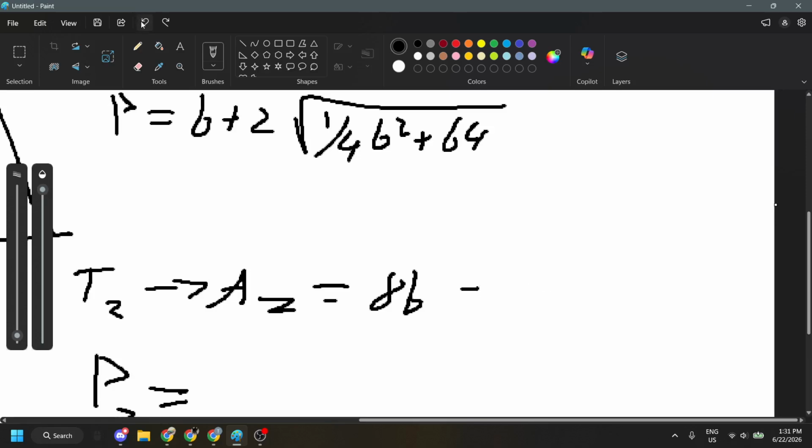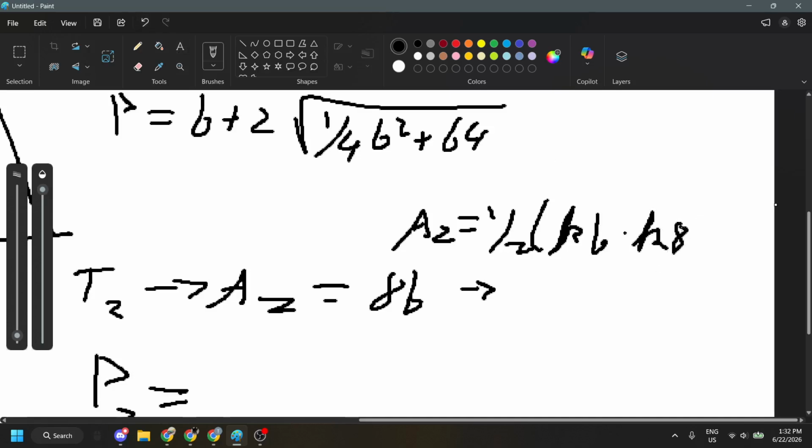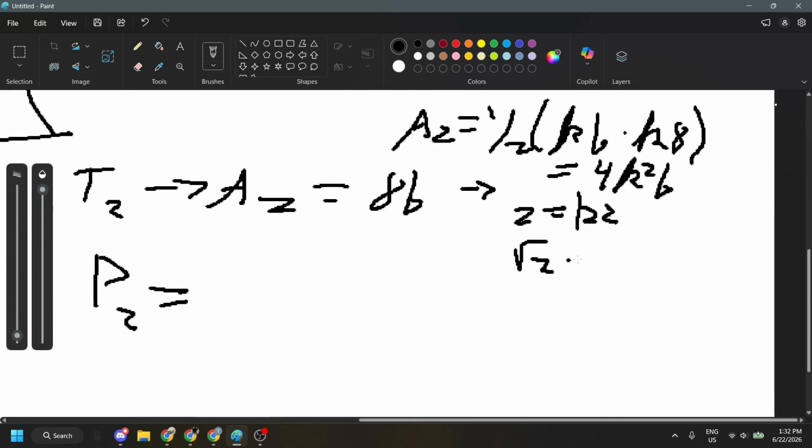So area 2 is going to be equal to 1/2 times kb times k8, so it's equal to 4k squared b. That means that 2 is equal to k squared, so the square root of 2 is equal to k.